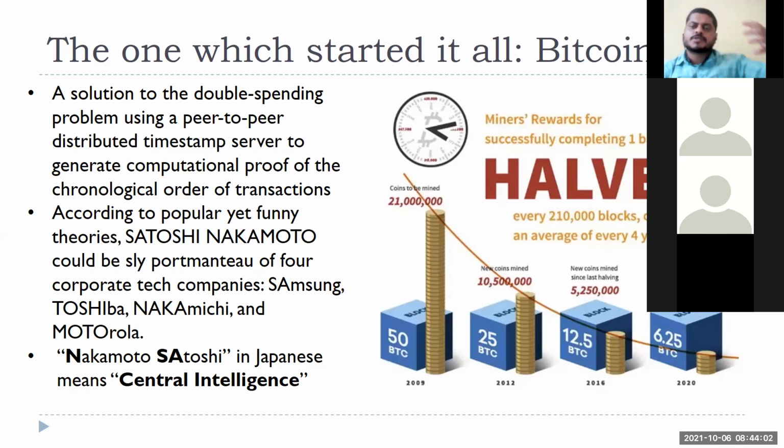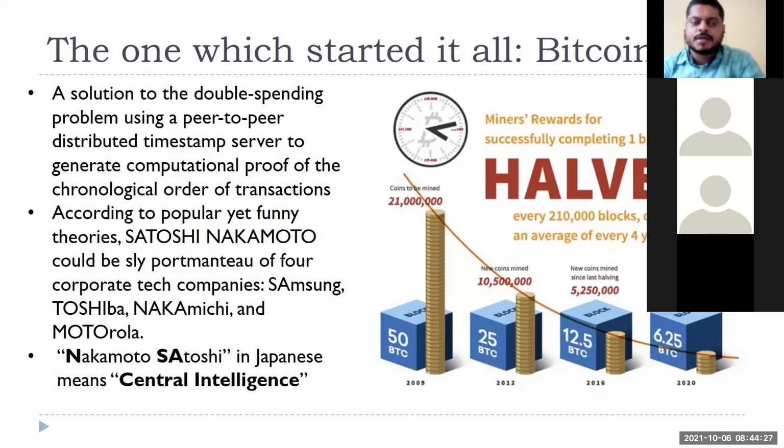Once that first block starts, the Genesis block, that is where the coinbase transaction happens, the first transaction. Let's say in this case, the person who created it. Again, there is an interesting story about this person. Nobody knows whether it is a single person or a group of persons who created this white paper which gave rise to Bitcoin. There are a lot of rumors.